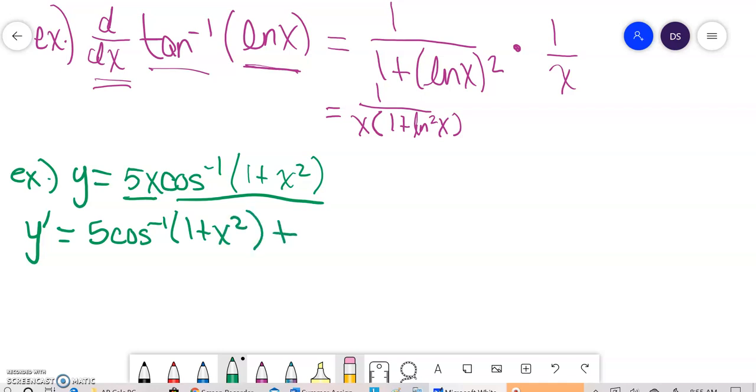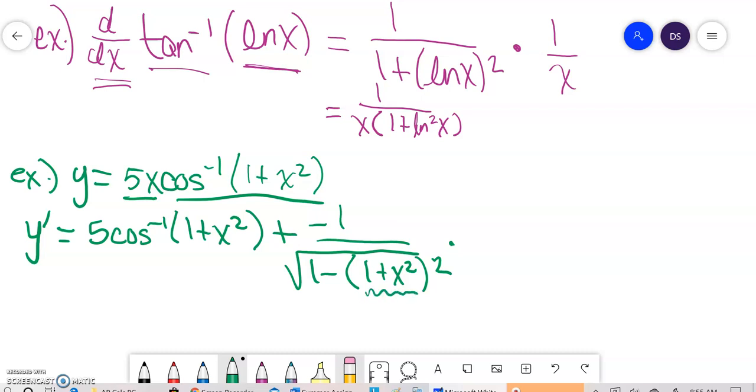plus the derivative of inverse cosine is -1 over the square root of 1 minus the function squared, times, this is our chain rule, the derivative of that function, times my first function, which is the rest of the product rule.